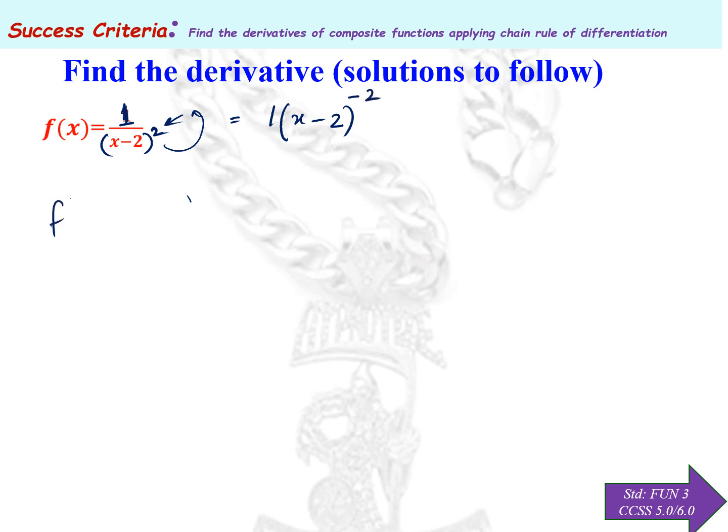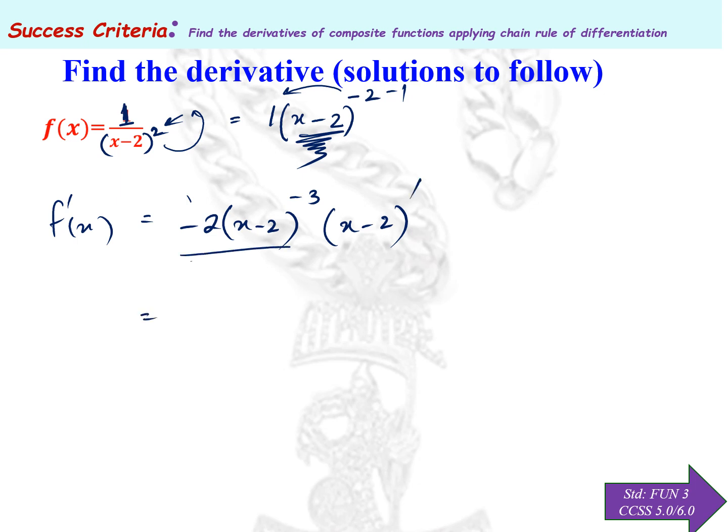Now take the derivative. So negative 2 times 1 gives us negative 2. Write the inner function as it is. From the power subtract 1, which gives you negative 2, negative 1, negative 3. Write the inner function, only the function written inside the bracket, as it is, and put a prime on it.